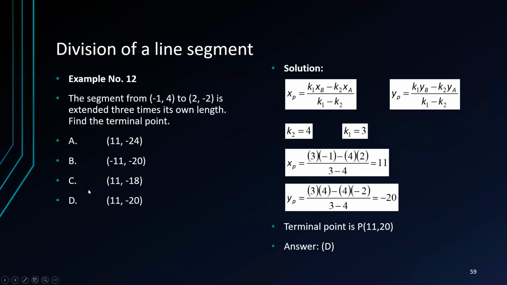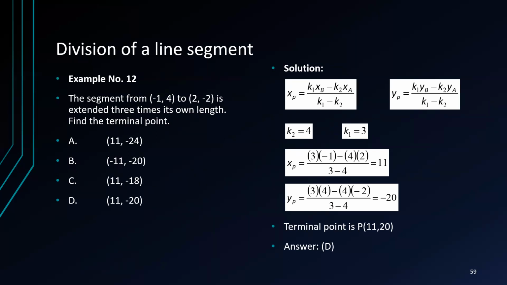Number 12. The segment from negative 1, 4 to 2, negative 2 is extended 3 times its own length. Find the terminal point. So x of p is equal to k1 xb minus k2 xa over k1 minus k2, yp, ganun din. So k2 is equal to 4 and k1 is equal to 3.